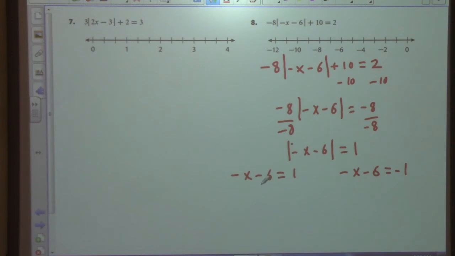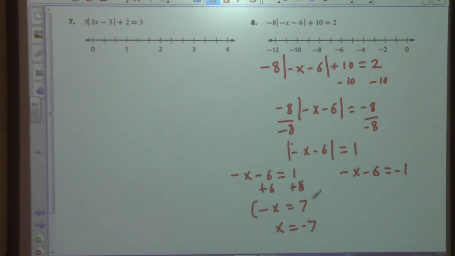And then we get plus 6. So we get, is that 7? Negative x equals 7. So x equals negative 7, is that right? Oh, you already did that, I'm sorry.